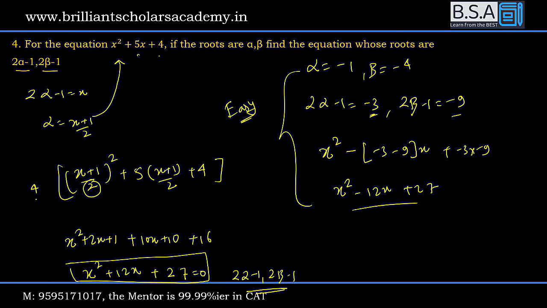x square plus 12x plus 27 is the equation here.